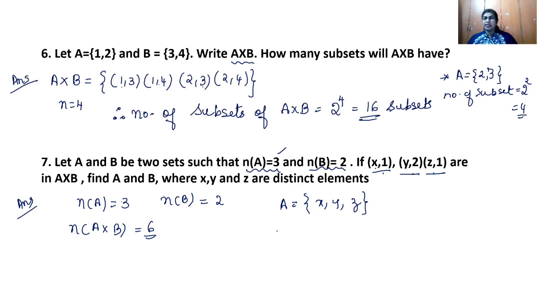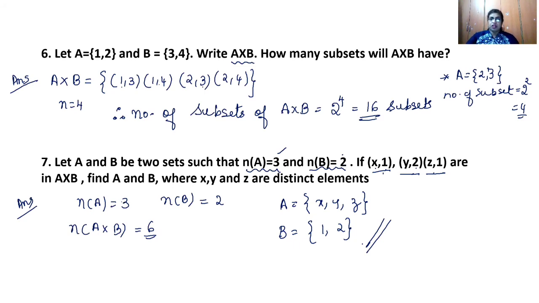So set A is ready. For set B, I want 2 elements. Look at the second elements of all the ordered pairs: 1, 2, 1. I will not repeat, so it is 1 and 2. So I got 2 elements, and this satisfies my answer. Hope the idea is clear.